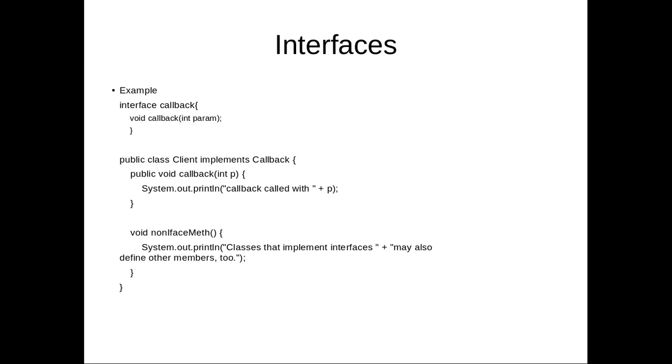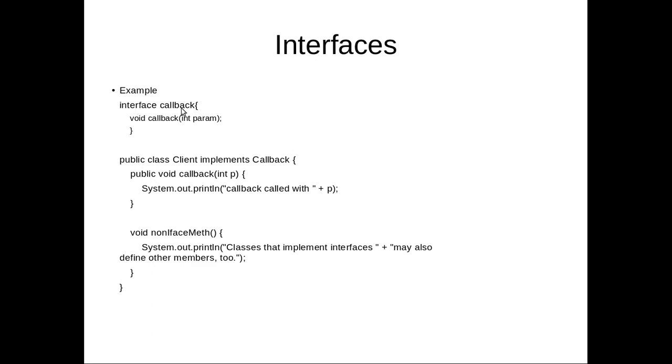The interface we have already discussed, the callback interface, and inside that the method signature is given, which is callback(int param), which means callback does not return anything, but it is taking an integer parameter. And here this is public class Client implements Callback.